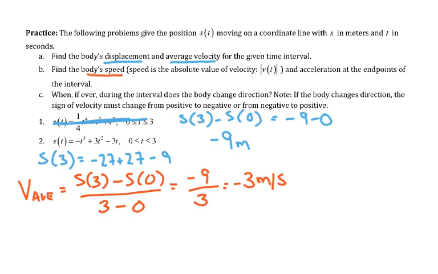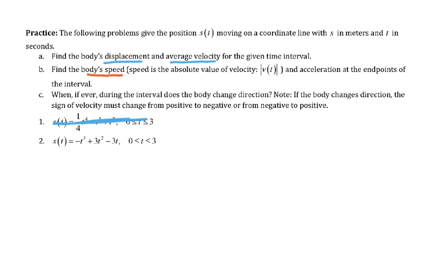The speed and acceleration. Okay, for speed and acceleration, we need to get the velocity function. So what does a velocity function look like here? Negative 3t squared plus 6t minus 3.